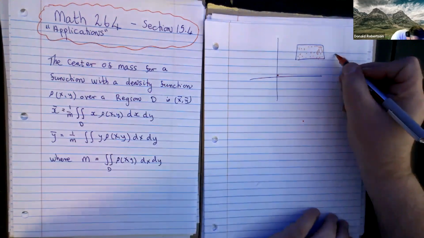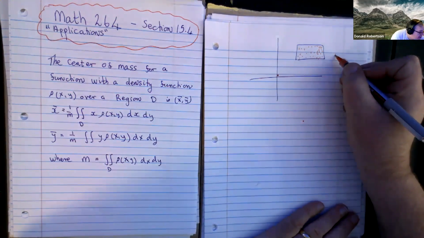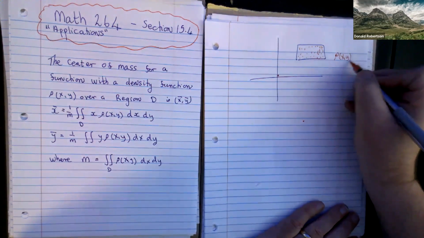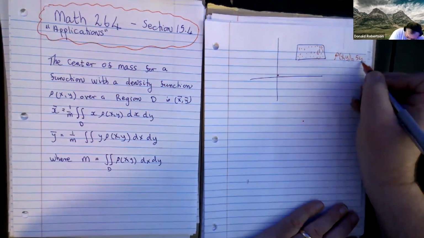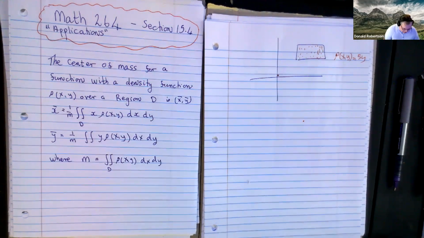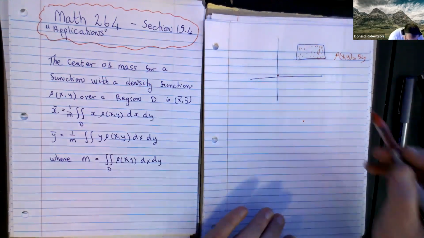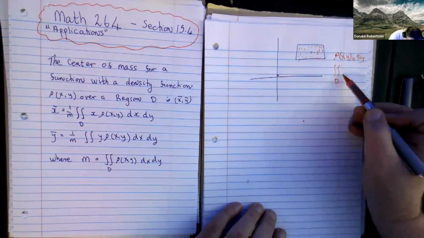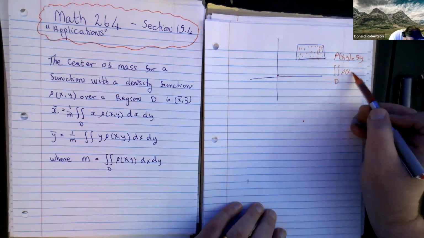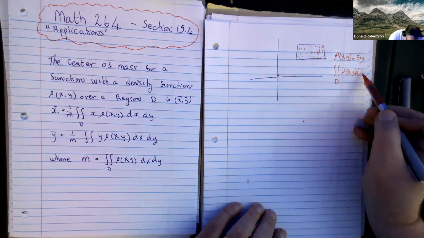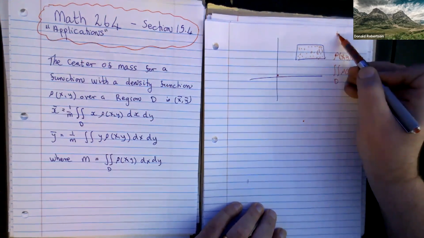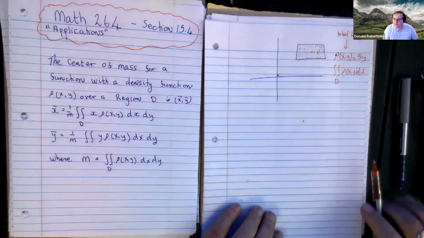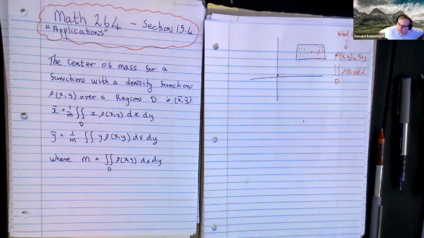Then you might have a temperature density function, and I'm just going to call it rho, and it might be simply 5y. Might be 5x plus 5y. If you do a double integral over this region of that guy, what you're getting is the total temperature energy, the amount of heat energy you would get in that plate.